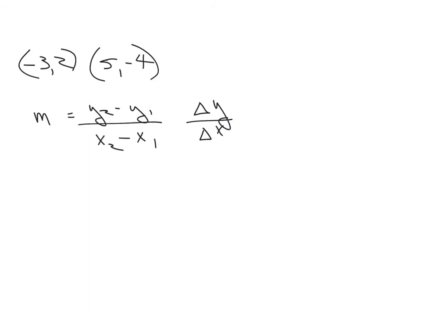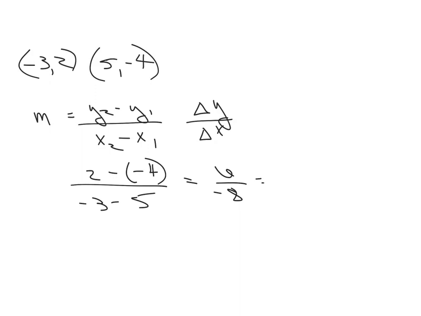So 2 minus a negative 4, the difference between the two y's, and the difference between the x's. We get 2 plus 4 is 6, negative 3 minus 5 is negative 8. Reduce that to 3/4, and it's negative because there's one negative there. So you get a slope of negative 3/4.